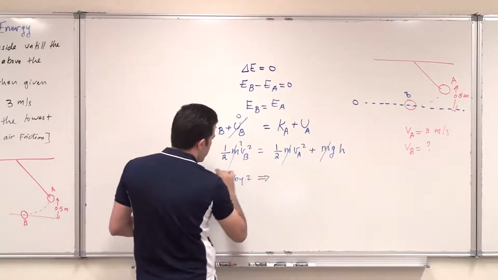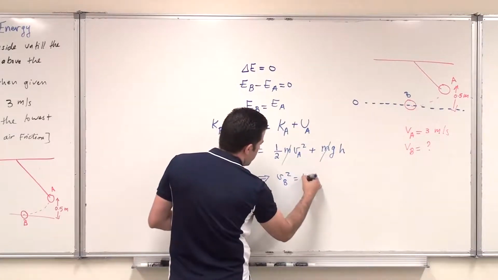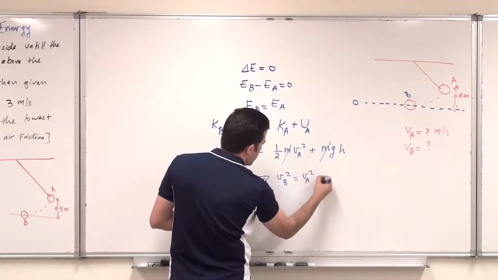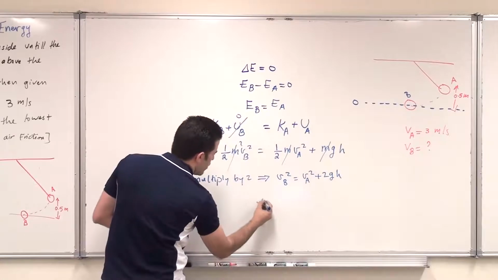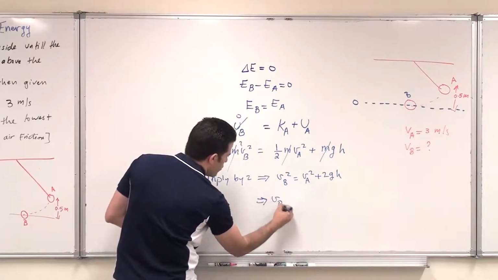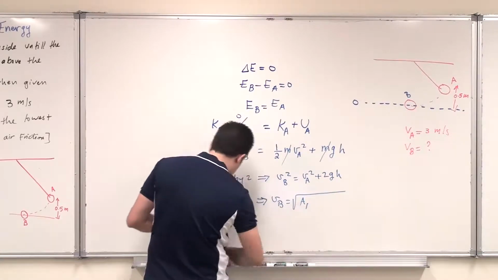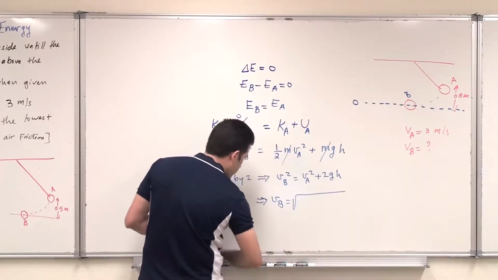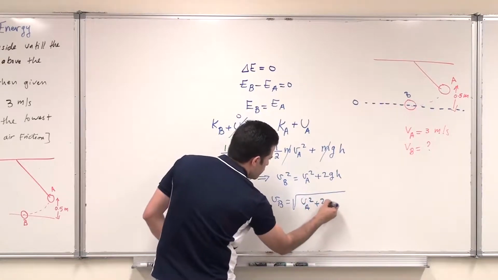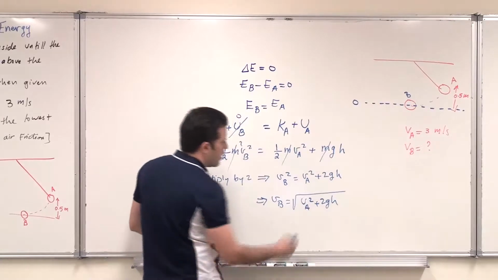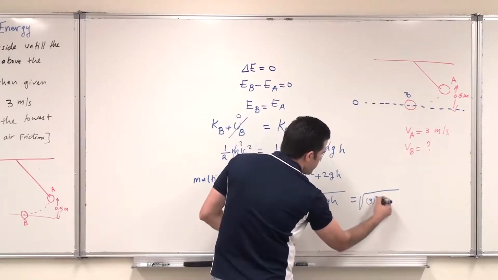Then Vb squared should equal Va squared plus 2gh, which gives that Vb should equal the square root of Va squared plus 2gh.